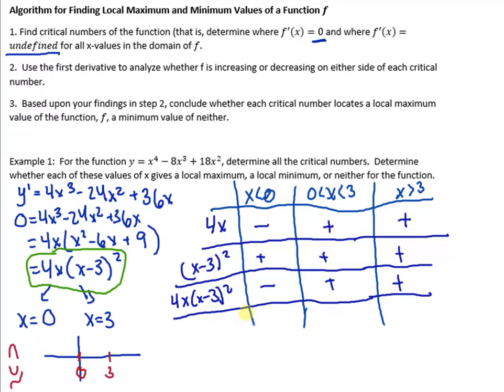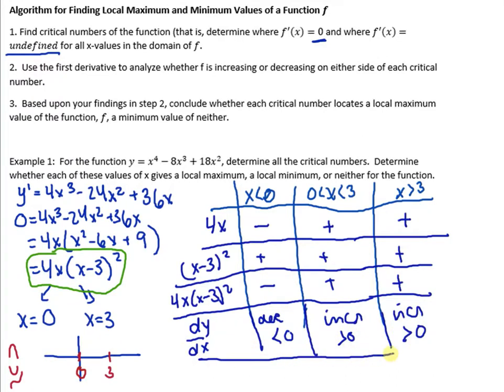Okay, in other words, if we're taking a look at the derivative of this function, we know that the derivative is negative, therefore it's decreasing. We know the derivative is positive, so it's increasing, and positive is increasing. Because this was less than 0, this was greater than 0, and this one was greater than 0.